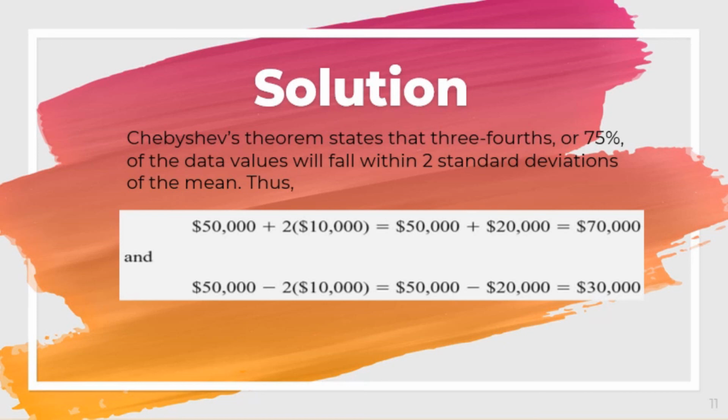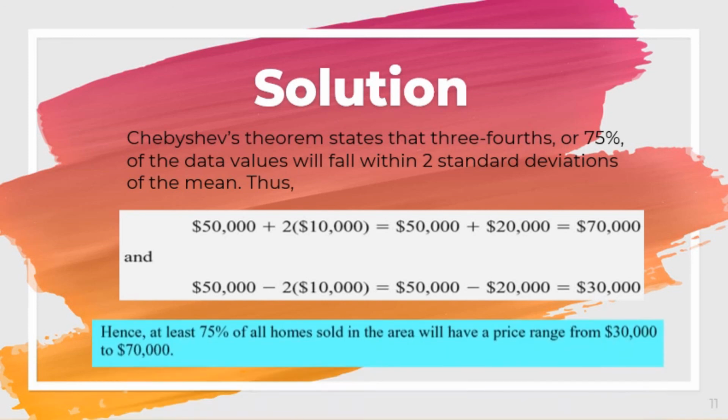And $50,000 minus 2 multiplied by $10,000 is equal to $50,000 minus $20,000 is equal to $30,000. Hence, at least 75% of all homes sold in the area will have a price range from $30,000 to $70,000.